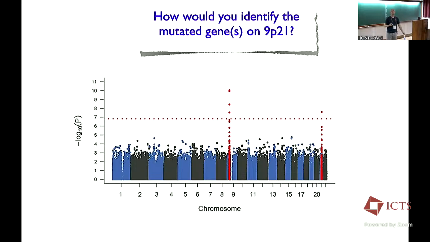But we don't have a phenotype yet. We just have people with ALS. We don't know a cellular phenotype yet. Any other ideas?